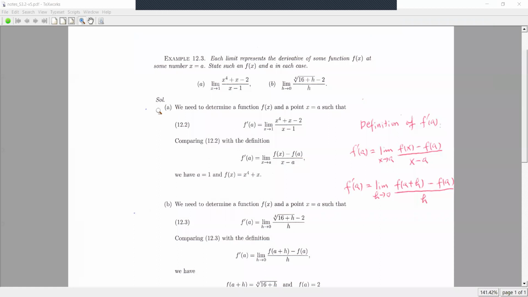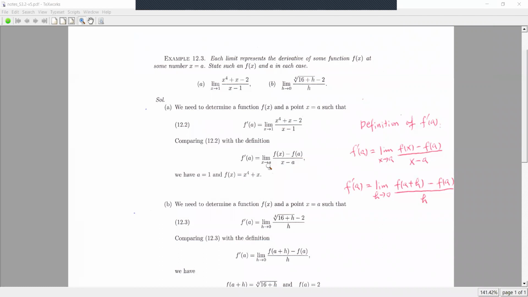Now, solution to part A. We need to determine a function f and a point A such that the derivative of the function at point A is this limit. To find function f and the point A, compare this limit with this formula.